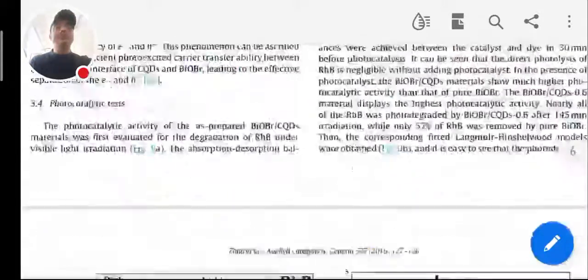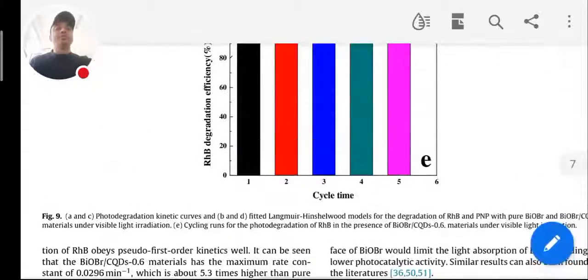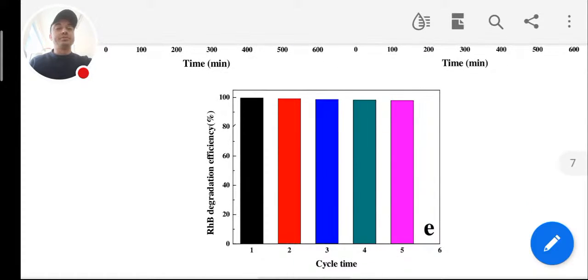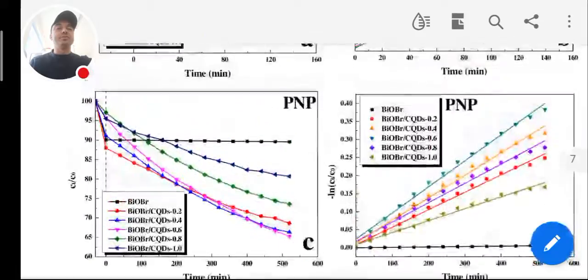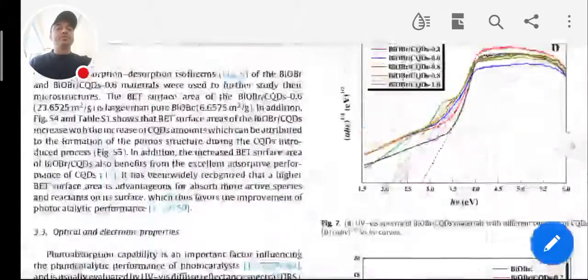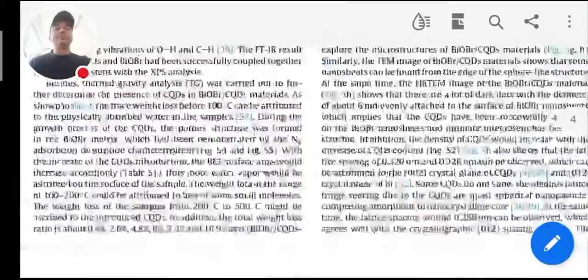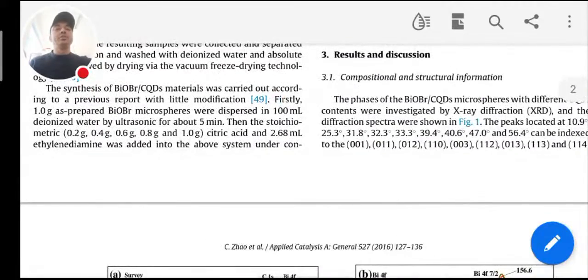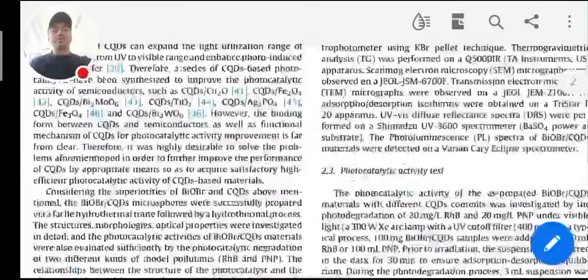It has higher degradation rates, and it is reusable and recyclable, stable for 5 cycles. The other parameters also showed very good results, and its XRD, XPS, and all these parameters were satisfactory.